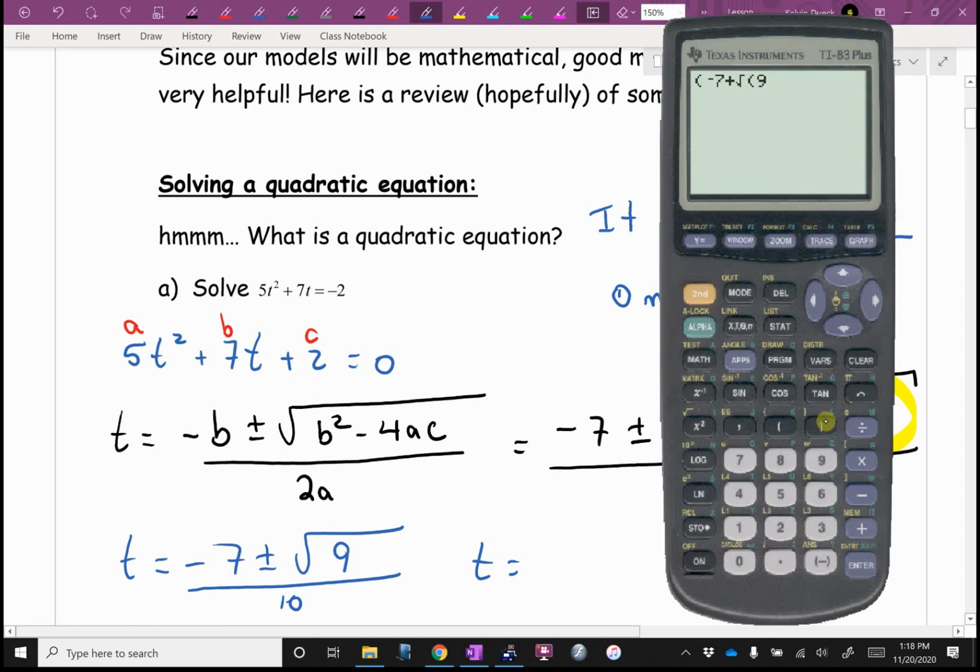Square root of 9, I have to close off the 9 square root on my calculator. I have to close off the top, divided by, is this a fraction? Yes. Is there more than one thing on the bottom? Don't need brackets around the bottom. And I get -0.4.